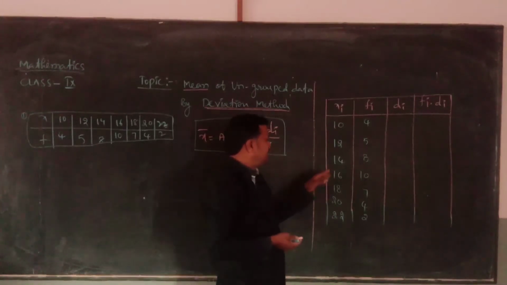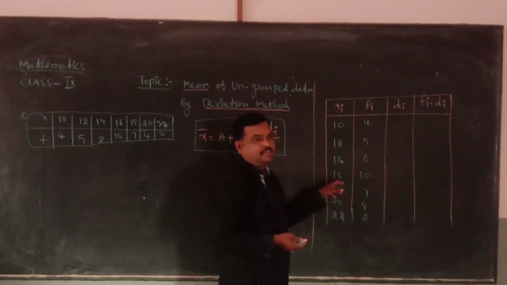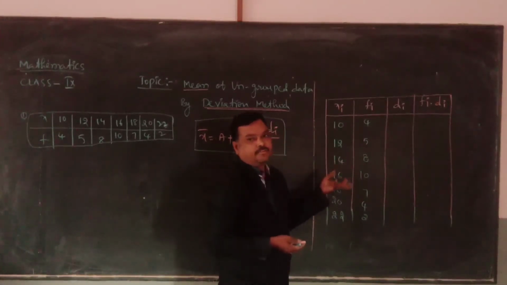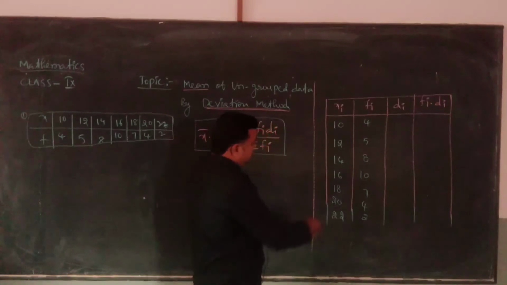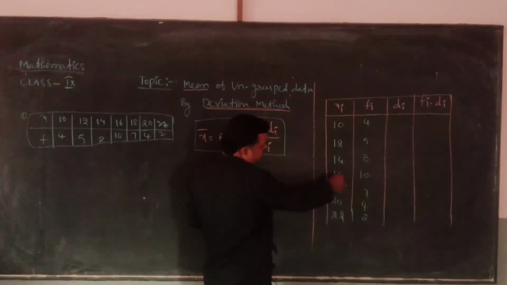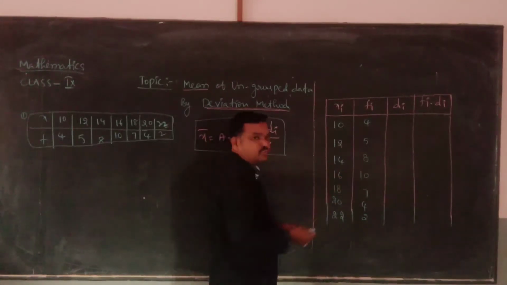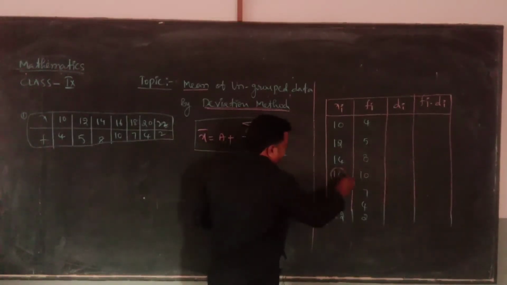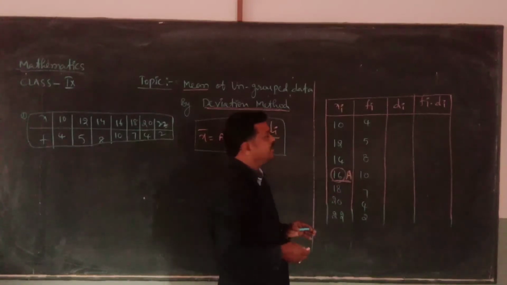So we can take 14 or 16. If you take 14 also no problem, if you take 16 also we can get the same answer. So I am going to take 16 as the assumed mean.